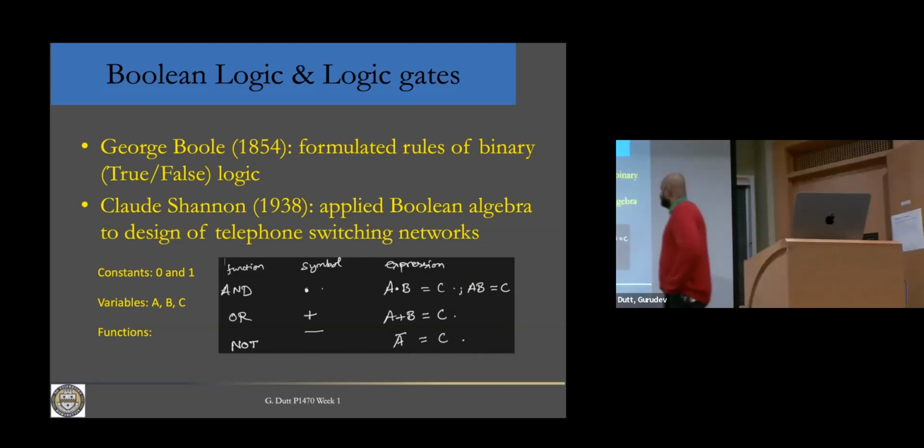And there are different functions. The functions which are most common are AND, which is given the symbol dot. The expression will be A dot B, or simply AB, and that will be equal to C. These are the rules of the algebra. And then there's the OR operator, which is A plus B is equal to C. And then the NOT operator, which is denoted by the bar. So A bar equals C.